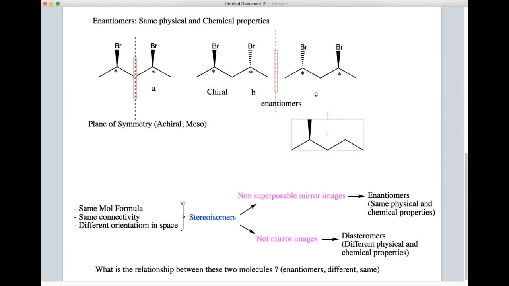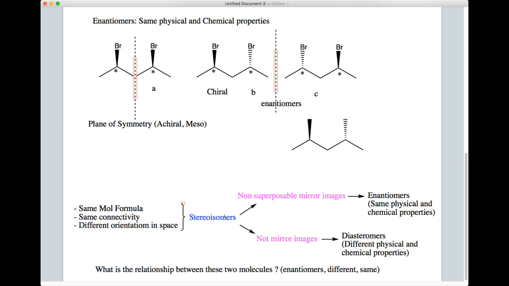Okay, so what about this, for example? Diastereomers are two stereoisomers that are not a mirror image of one another. What are two stereoisomers? Two compounds with the same molecular formula, same connectivity, different orientation in space.